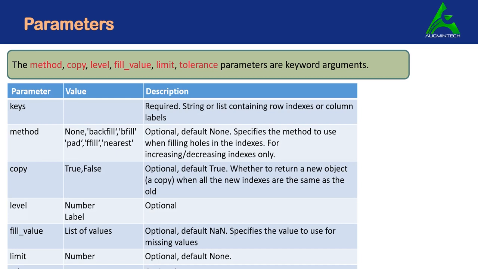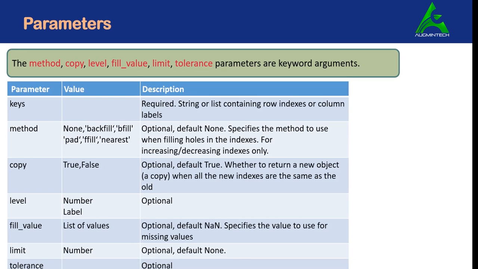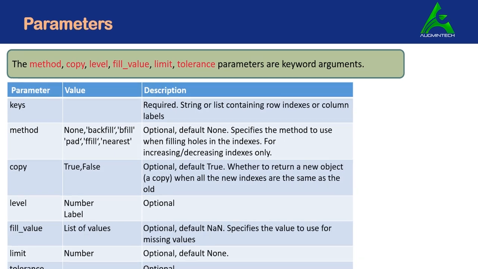Then we have fill_value, that is a list of values. It's optional, and the default is NaN, specifying the value to use for missing values. And then we have limit, that takes some number, and it is optional. The default is None. And then we have tolerance, which is optional. So to reindex, we can specify any of these parameters or arguments.